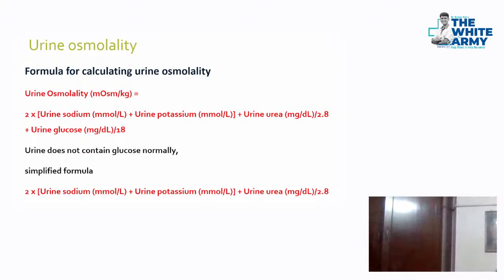The 2, again to repeat, is because sodium exists as sodium chloride and potassium as potassium chloride, so the osmotically active particles are double that. That is why you put this 2. One sodium chloride has 2 osmotically active particles. One potassium chloride has 2 osmotically active particles. So you are multiplying 2 into urine sodium plus potassium, plus urine urea by 6.